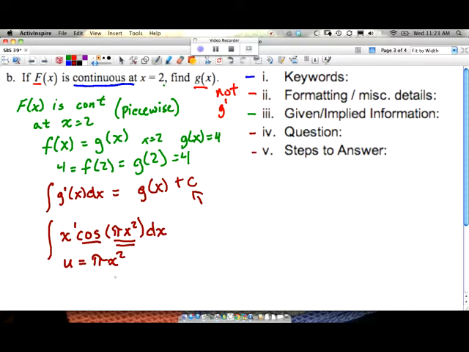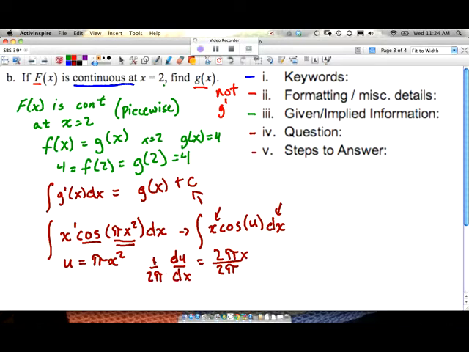u equals pi x squared. So let's make that substitution. We're going to have the integral of x cosine u dx. So I got to get rid of this x and this dx. Let's see if we can do that with the derivative. du dx, based on this substitution, is going to be 2 pi x. Well, I could divide both sides by 2 pi and multiply both sides by dx.